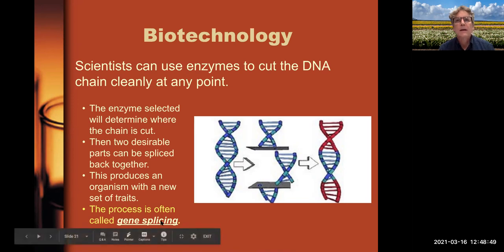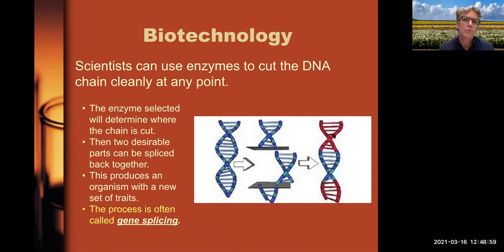So if we think of this example here as our golden rice, think of this blue set of chromosomes as carrots, and the red one is the rice DNA before it became golden rice. If this is carrot DNA, this section here has the genes, the genetic code, or the traits to produce beta carotene, all right?